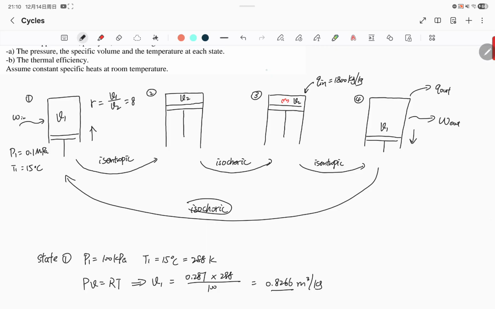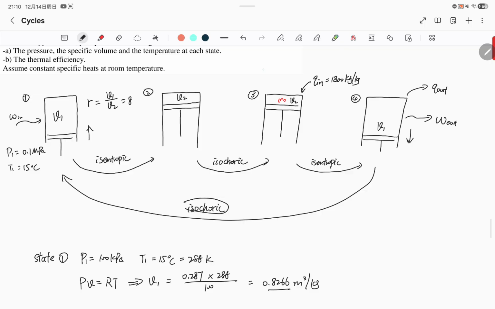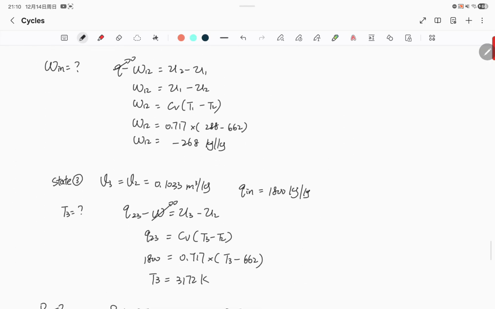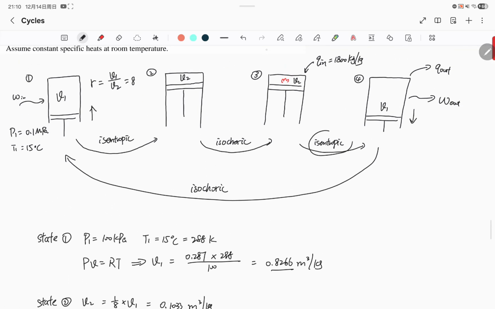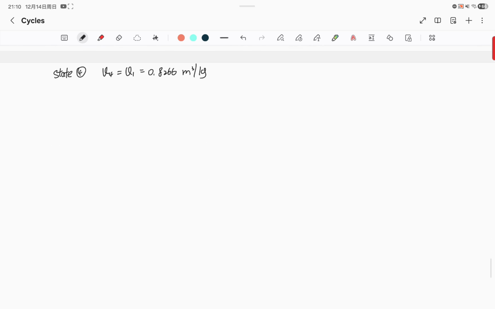Isentropic compression, isochoric heat addition, it's 3 to 4. Sorry, it's 3 to 4, not 4 to 1. So state 4, we can use, since this is isentropic, we're talking about from state 3 to state 4, isentropic process, we're going to use isentropic relationships.